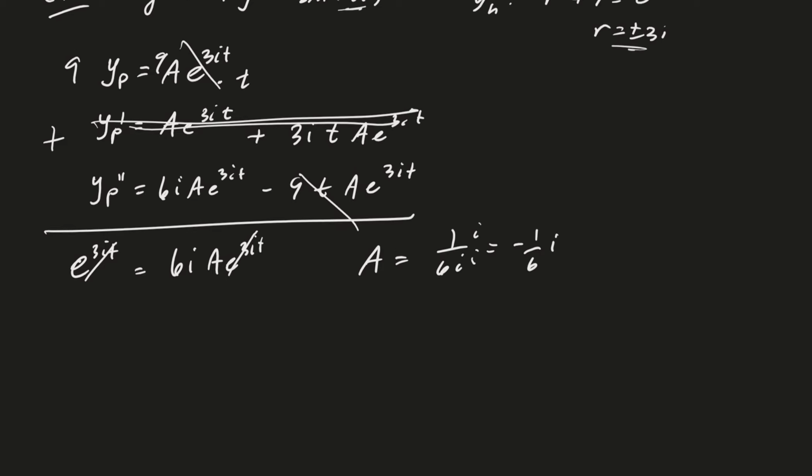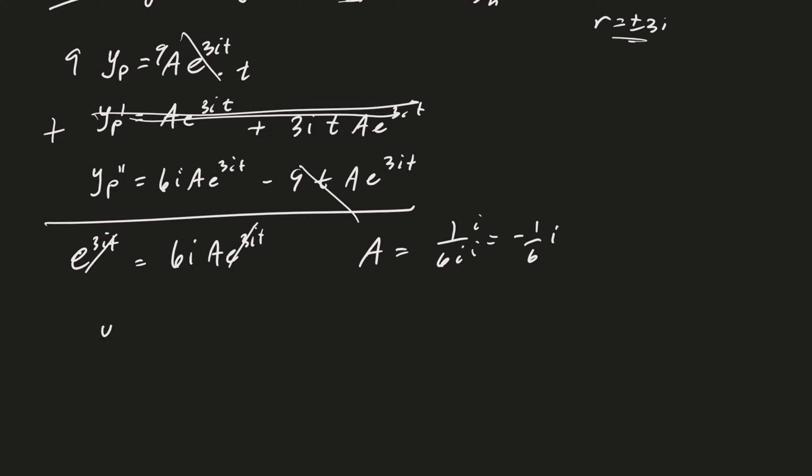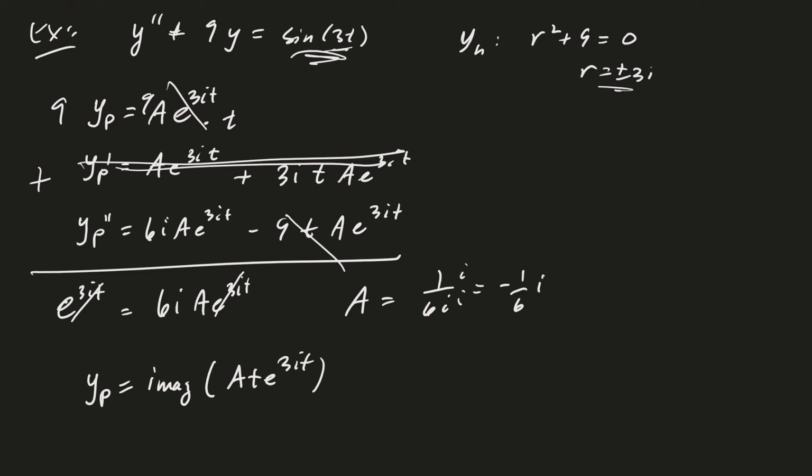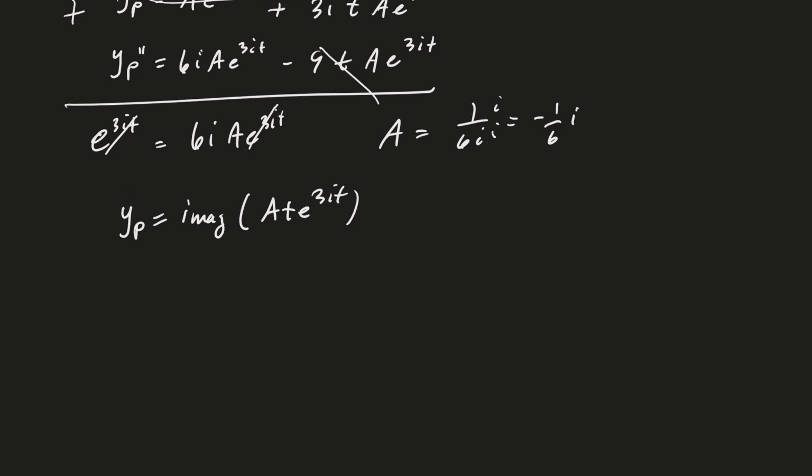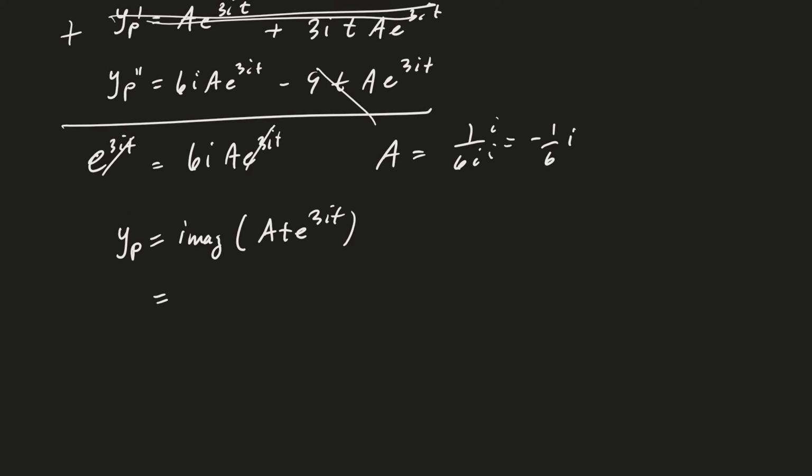Good. And so now we want the y sub p to be the imaginary part of a e to the 3it, because we started with the sine function instead of the cosine. And so that's going to be the imaginary part of minus 1/6 i times t times cosine of 3t plus i sine 3t.